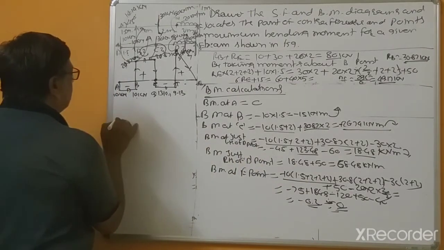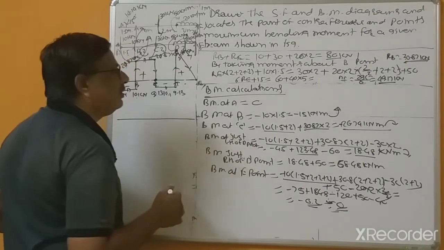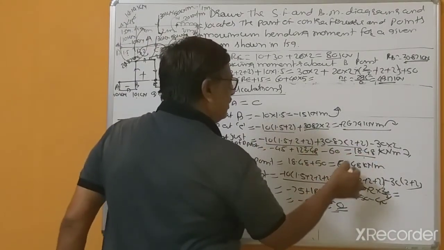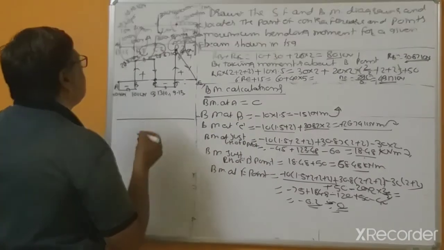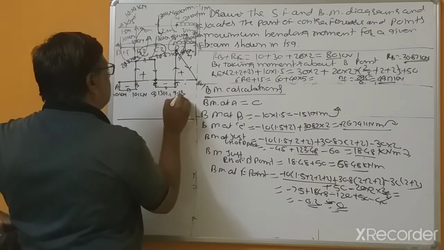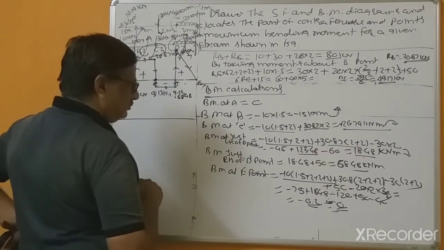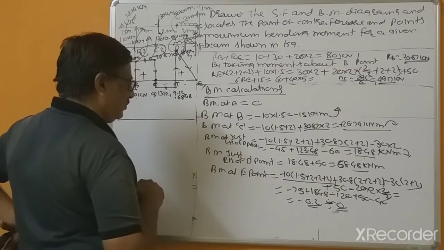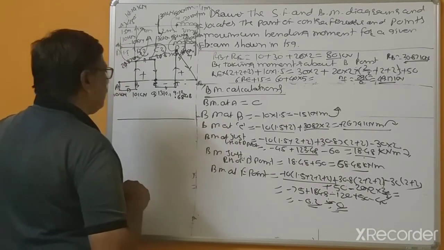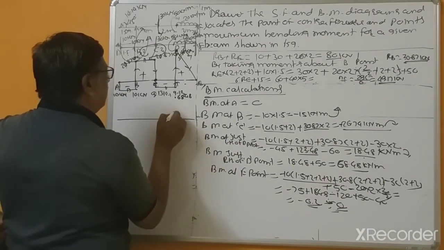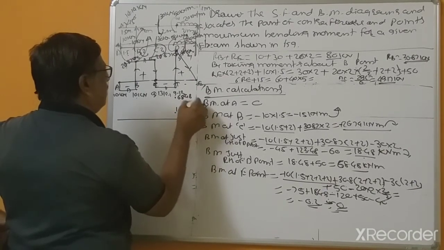Now you can draw bending moment diagram. Maximum how much? 18, 26.74, 68.48. Suppose this is 68.48. 18.48 kilonewton meter.